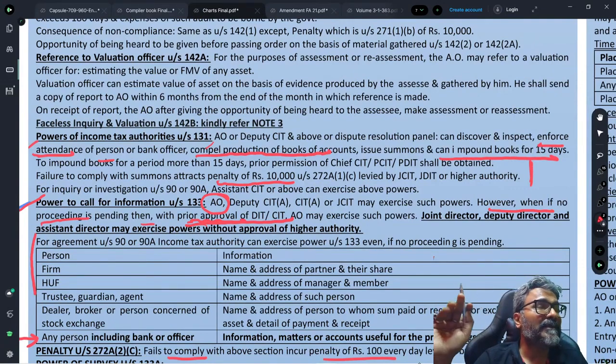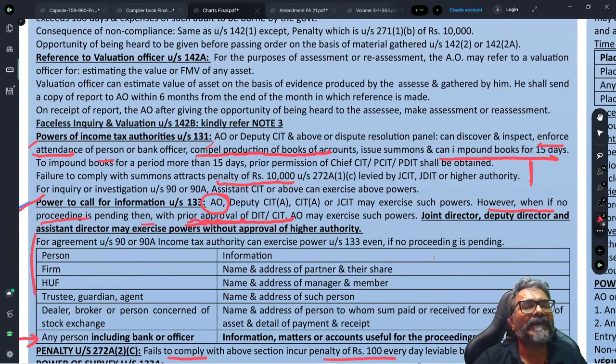See, this is a very dangerous thing. In 132 search, the ground for initiating the search is that the SSE has got undisclosed income. That is one of the grounds for providing the authorization for search.